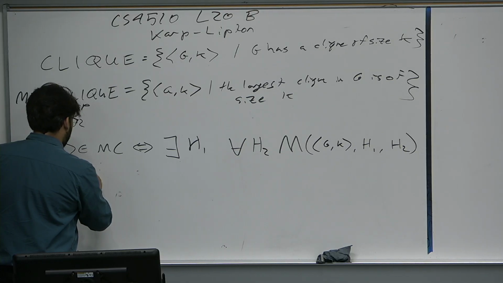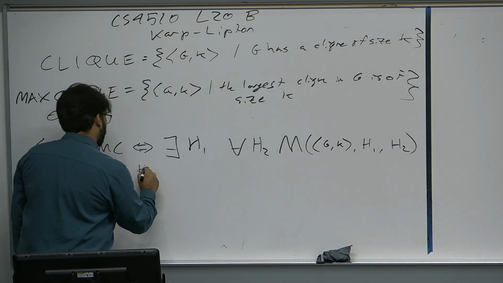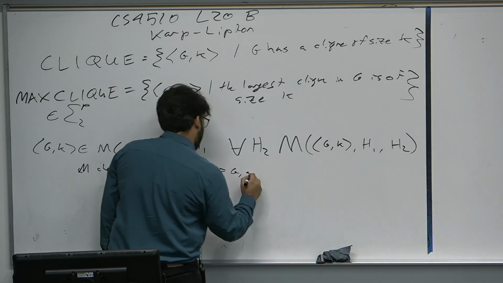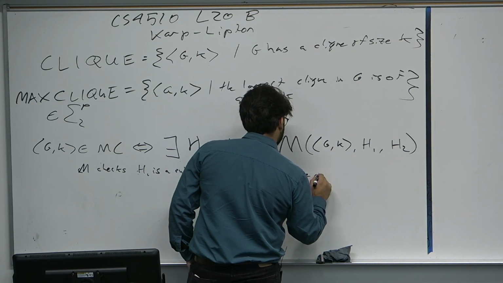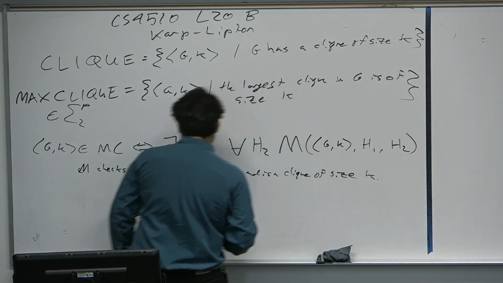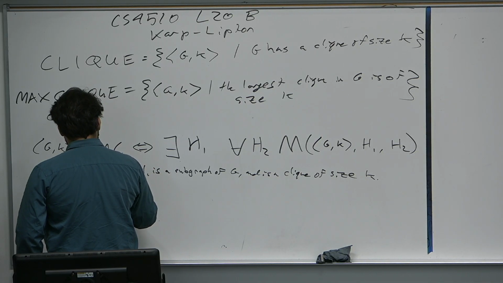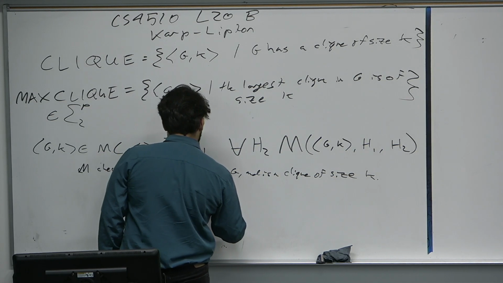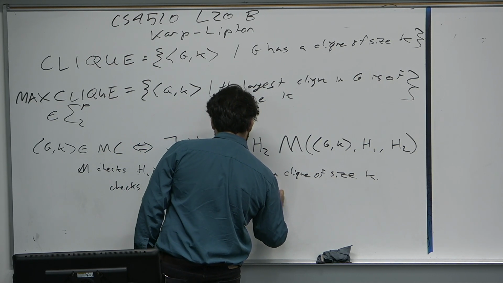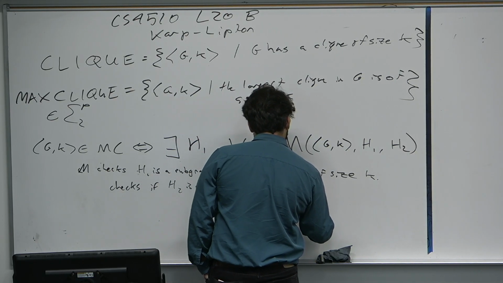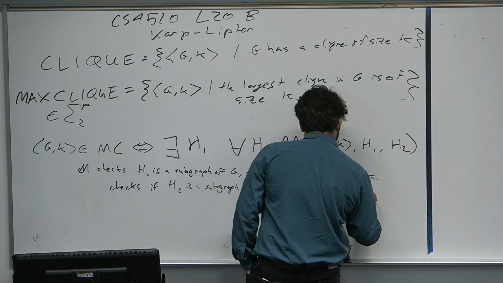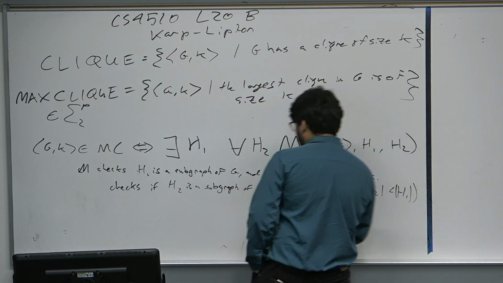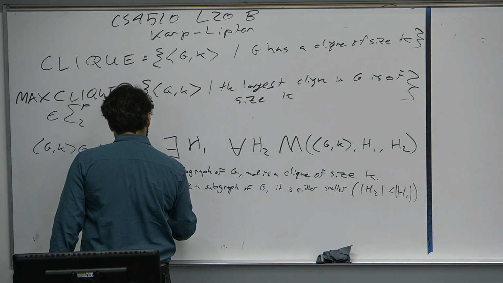I'll just say M checks H1 is a subgraph of G and is a clique of size K. Then it checks if H2 is a subgraph of G, it is either smaller, as in the size of H2 ought to be less than the size of H1, or it is not a clique.